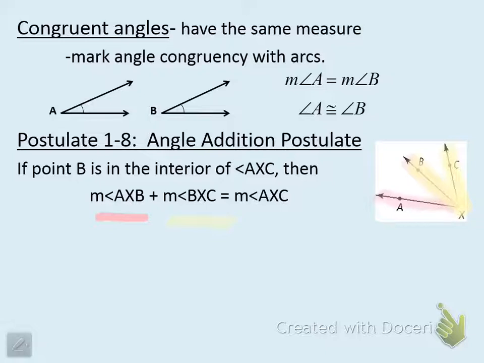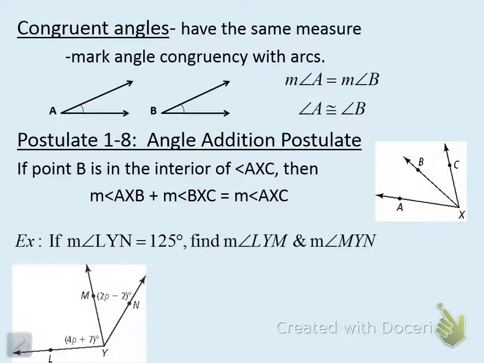So we have the measure of angle AXC. When we add these two angles together, we should equal the entire angle, the measure of angle AXC. So if we measure the two small angles in the big one and add them together, it should equal the big one, basically. Okay, so let's try this.